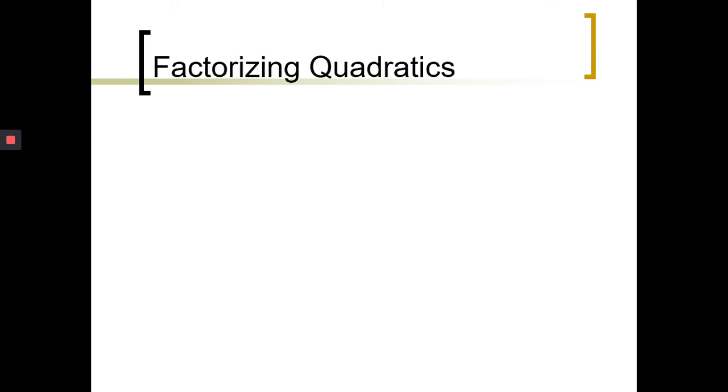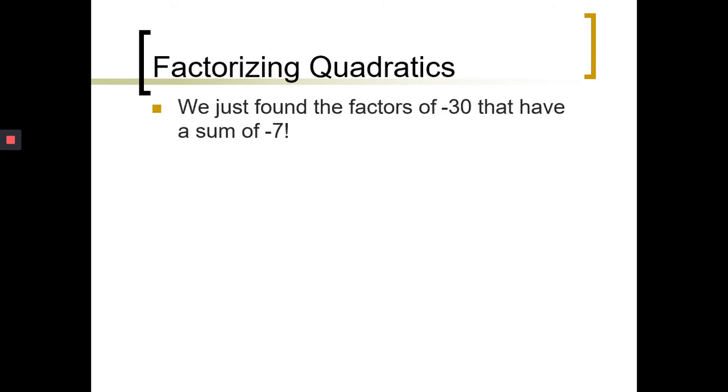Alright, we just found the factors of negative 30 that have a sum of negative 7. We found the factors of negative 30 that would add to give us negative 7.